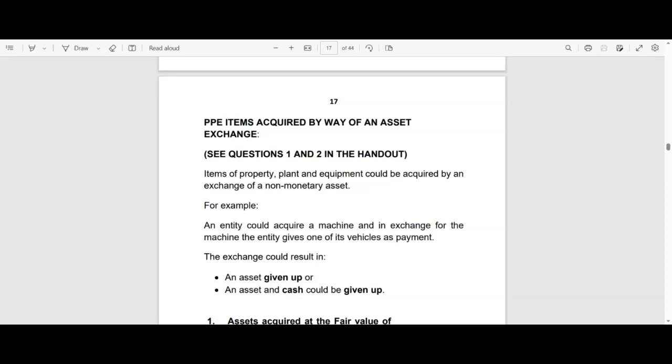Does that make sense? So if we don't know the fair value of the new asset or the old asset, they say we must use the carrying amount of the asset that we are giving up as an estimate of the fair value. Which means, ladies and gentlemen, we are now able to use our default method.